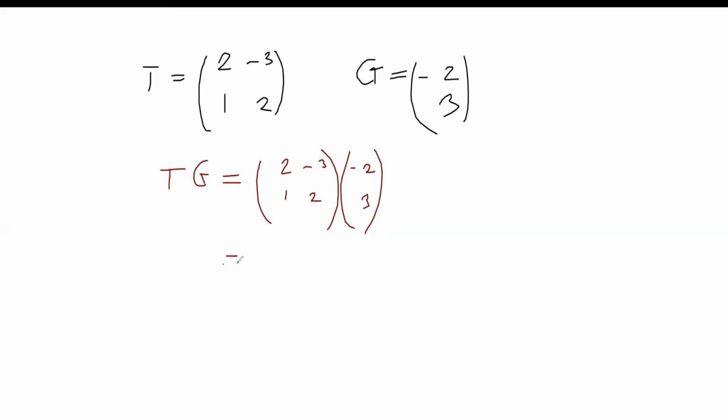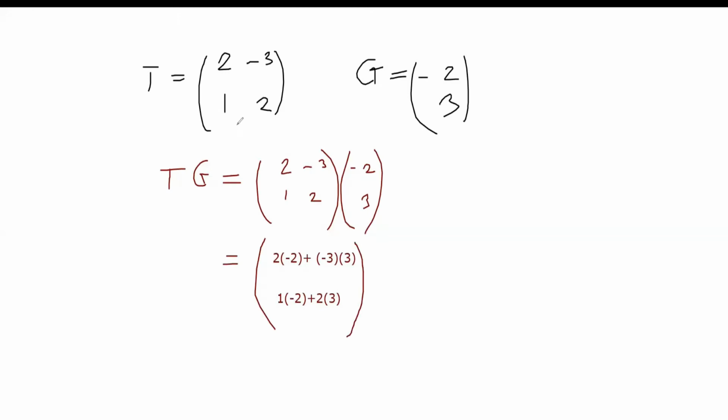So this is going to be equal to 2 times minus 2, plus minus 3 times 3. And the element that goes down here is row by column, which is 1 times minus 2, plus 2 times 3. And that's how you multiply this.